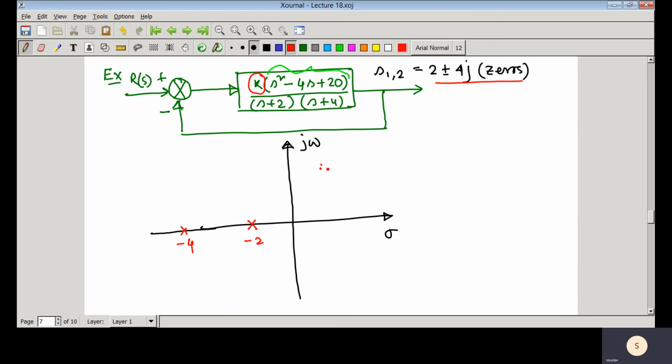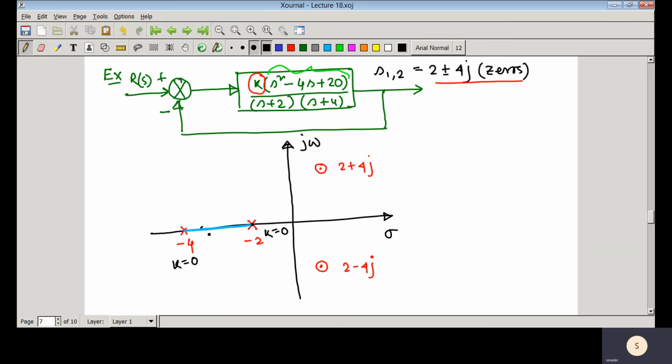So this is sigma and this is j omega. You have two poles, one at -2 and another at -4. Two poles are there and two complex conjugate zeros, with values 2 plus 4j and 2 minus 4j. Now which part will be part of the root locus? This part. Whenever k equals 0, the closed loop poles would be the open loop poles.